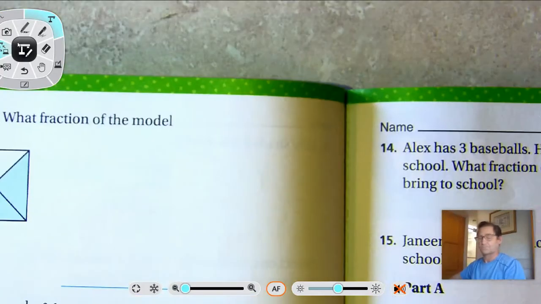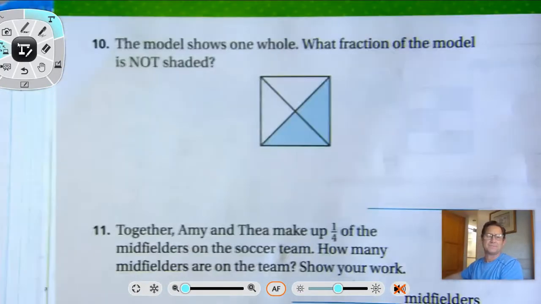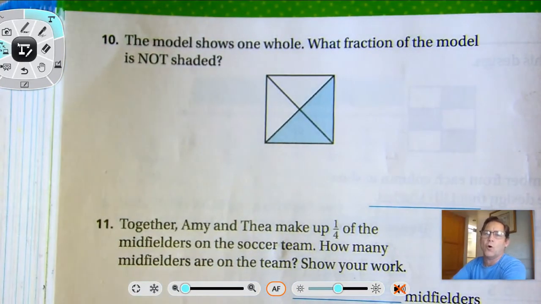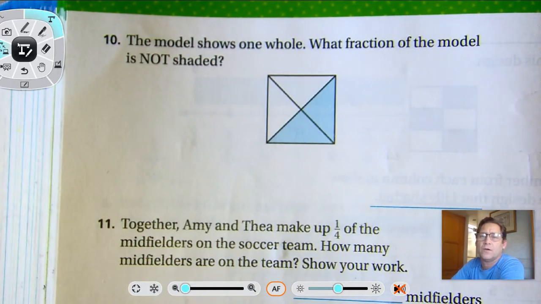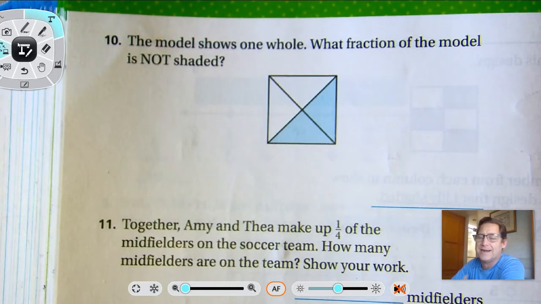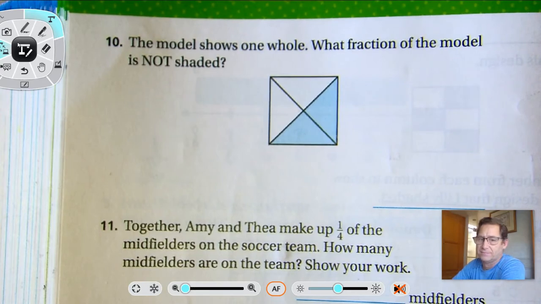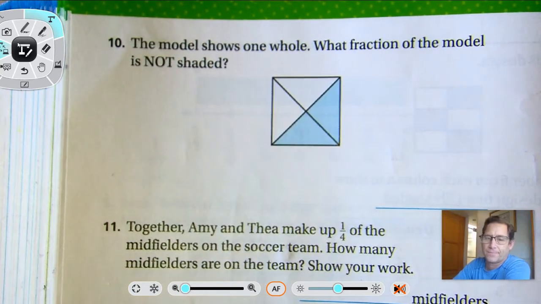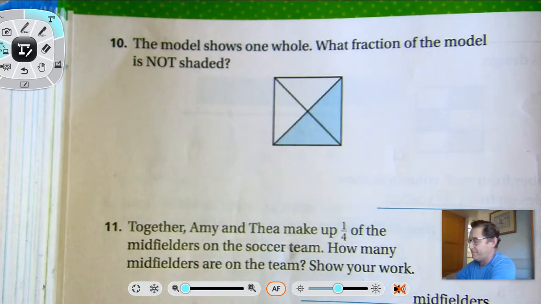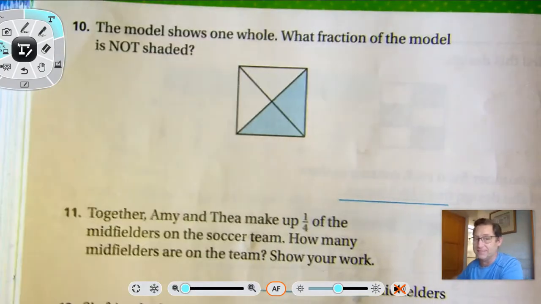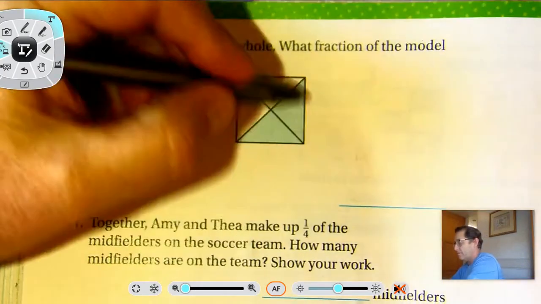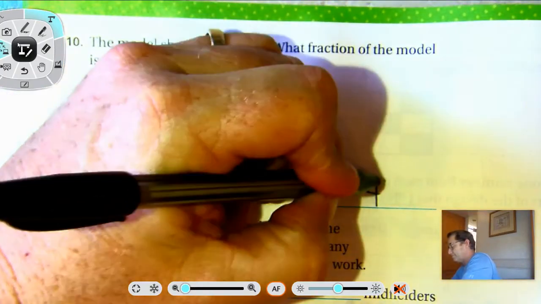362. The model shows one whole. What fraction of the model is not shaded? Well, technically, even if you gave the answer for shaded, it would be the same one this time. So there are 4 equal parts, right?